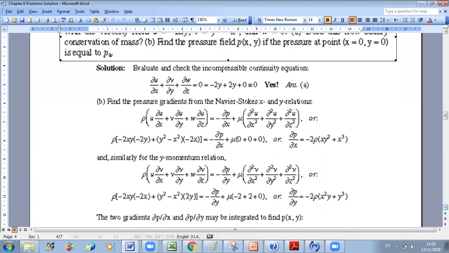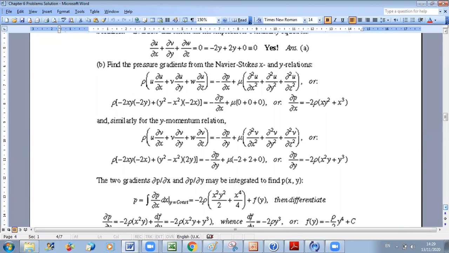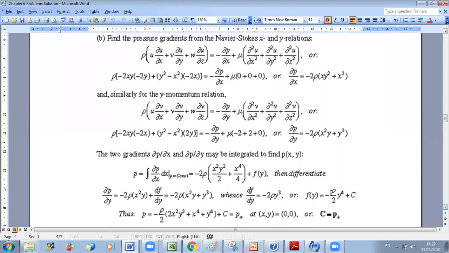They got the simplified form, and by doing fy, we got that fy is, as expected, minus y to the power 4 over 2. But here we have rho outside. Don't forget to multiply by rho. It's rho times u del v by del y, etc. This is why we have rho in the expression.